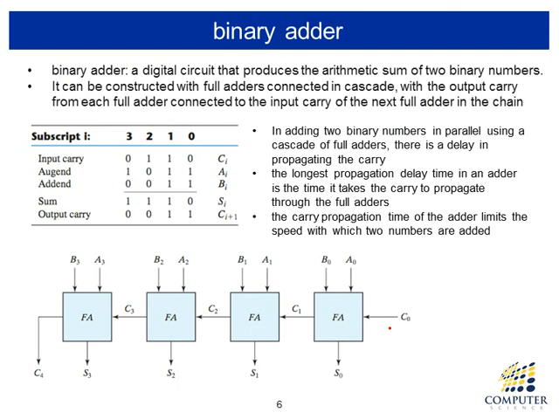So using full adders, we can implement a digital circuit that can produce an arithmetic sum of two binary numbers with more than one digit. For example, if we are going to add two numbers, each of these is in 4-bit.